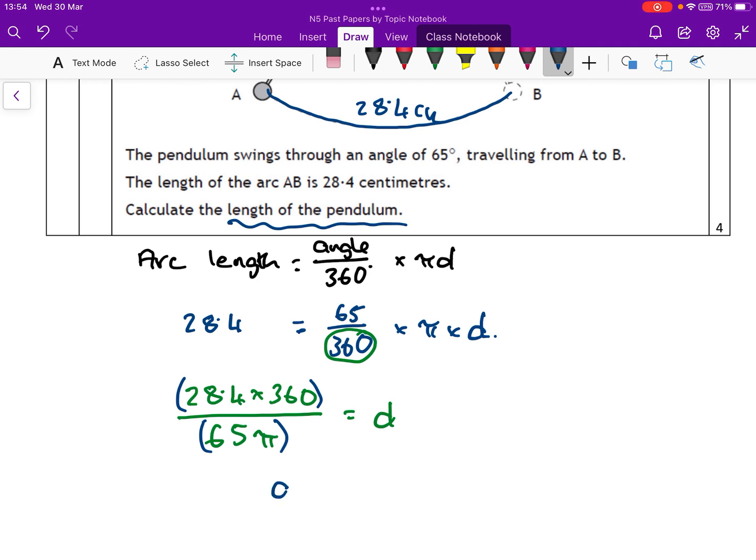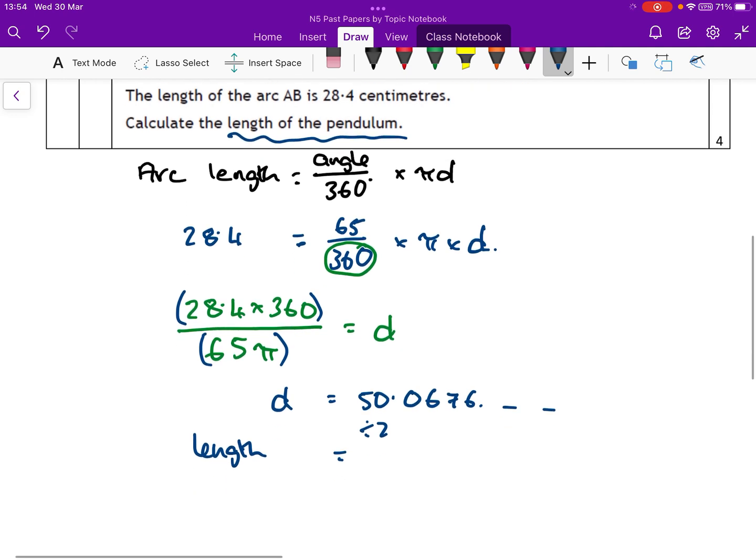That would give us that our diameter is 50 point, and on my calculator it's coming up 0.676, and so on. Now what we want is the length of the pendulum, so I'm going to half this figure. The question doesn't mention anything about rounding, so let's do it to one decimal place, that would be 25.0, and it is just a length, so your units would just be centimetres.